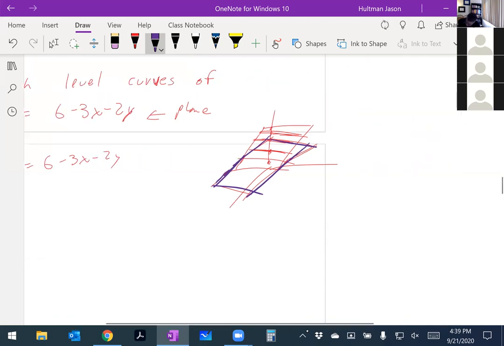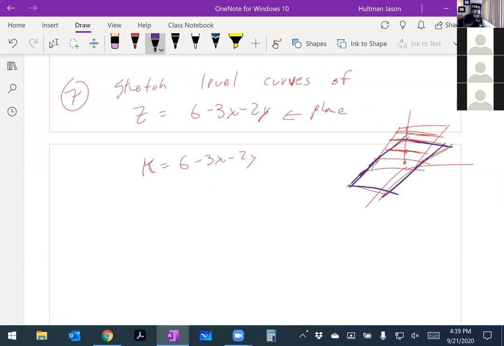Okay, that's the intersection right there. It's just a rough sketch, but hopefully you get the idea.